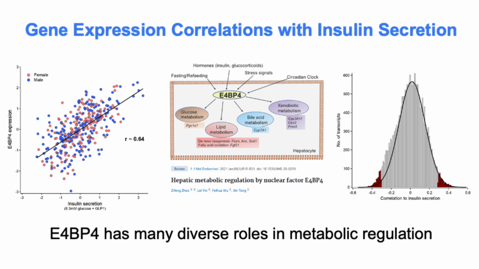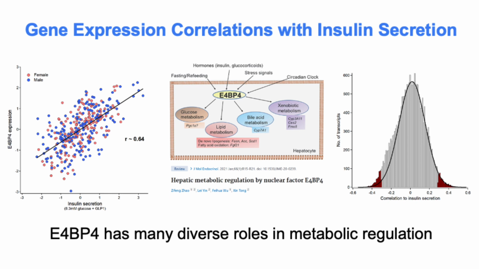And this is just showing that this gene E4B4 is highly correlated with insulin secretion. So at least for many of those known genes, you can see that they come in either on the edges of this ranking based on this correlation.